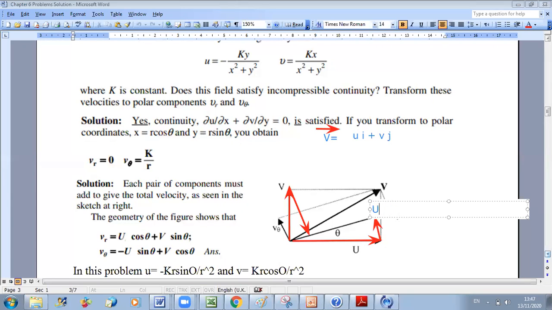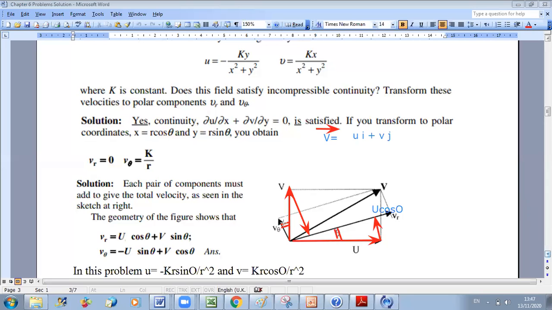While for the vector V, you know that this angle here is theta. Why? Because V is perpendicular to U and UR is perpendicular to U theta. So the angle between U and UR will be equal to the angle between V and U theta. So this is the angle theta.